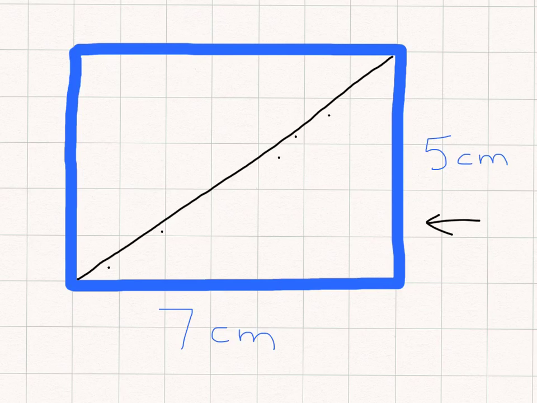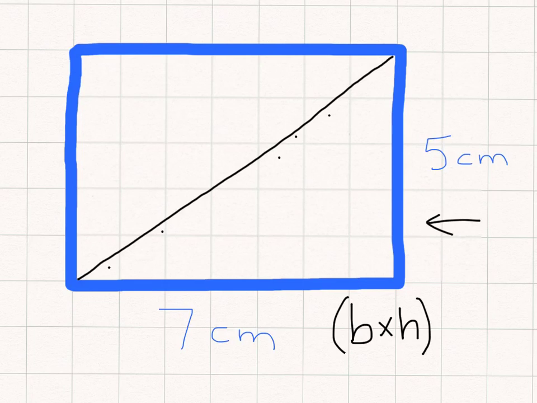So the formula for finding that is base times height, the same as finding a rectangle, only we're going to multiply it by a half, or you could say divide by 2.